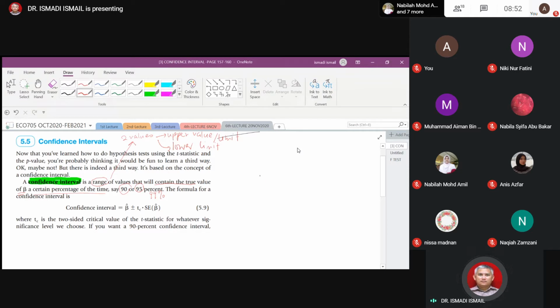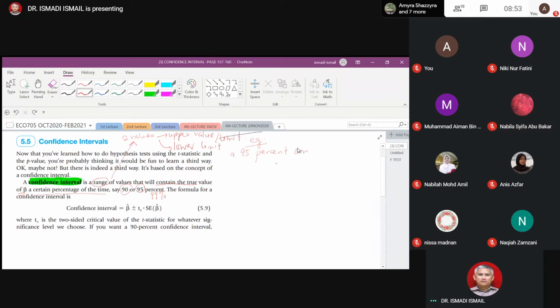For example, here, a 95% confidence interval for beta.